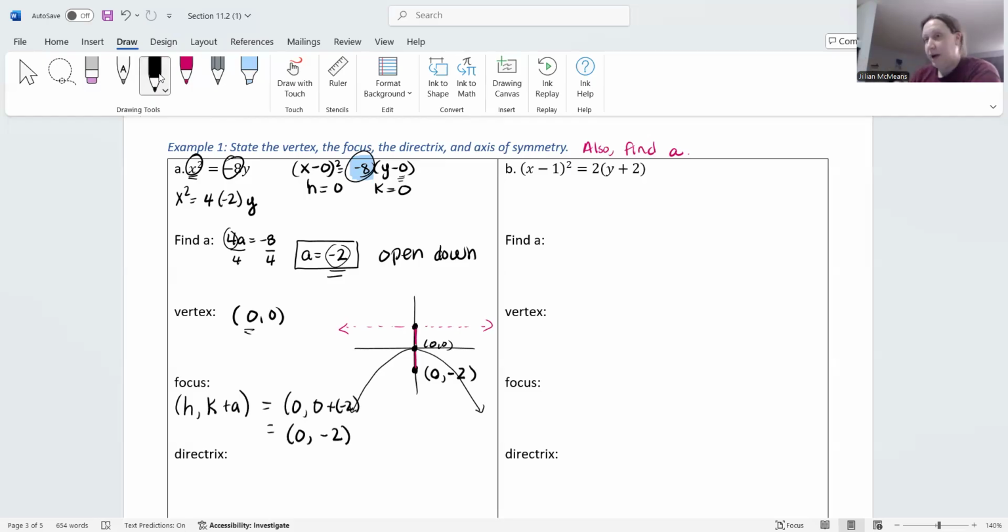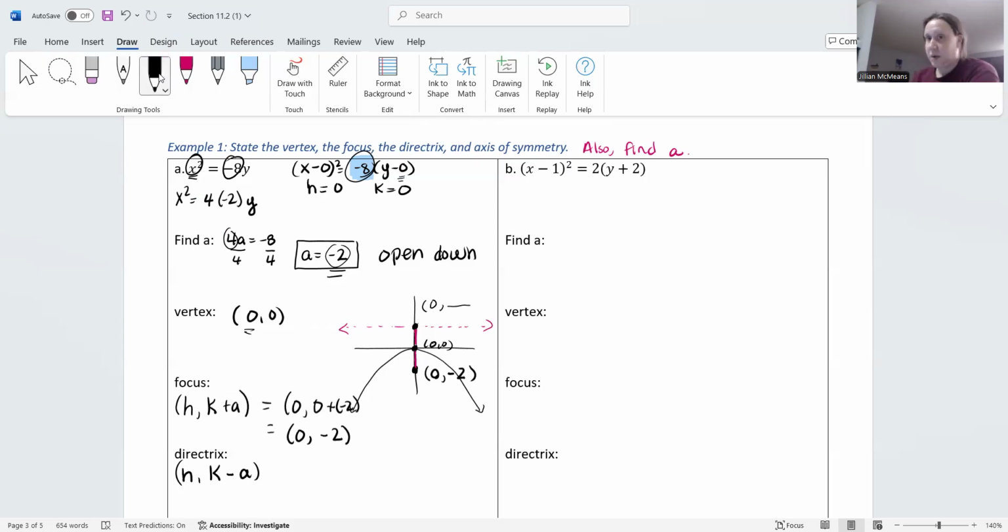Once we figure out that ordered pair, we can write our directrix as the equation of a line. My x value isn't changing, but my y value is. So the official formula is h, comma, k minus a. That's just the ordered pair the directrix goes through.